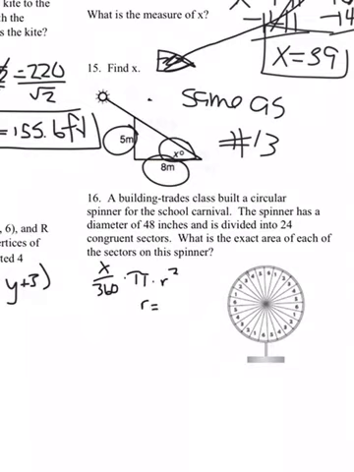Obviously, we already know that r is going to be 24, because it has a diameter of 48 inches. What we need to find is x, which is the measure of one arc. If it's divided into 24 sections, we can divide 360 by 24, and 360 divided by 24 is 15.